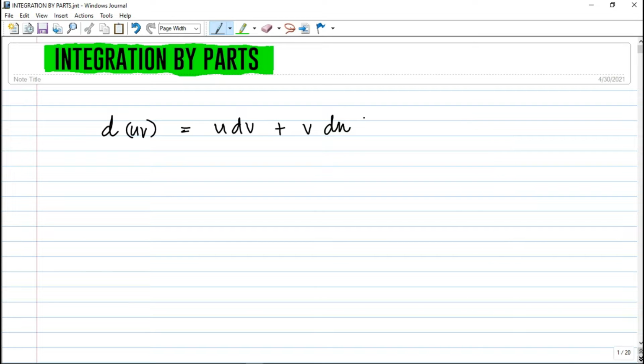Okay, so integrating both sides of this equation, we can actually get the formula for integration by parts. The integral of the derivative of uv equals the integral of u dv plus the integral of v du. The integral of d(uv) is just uv.